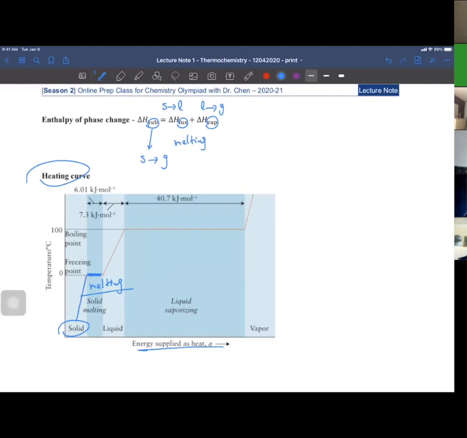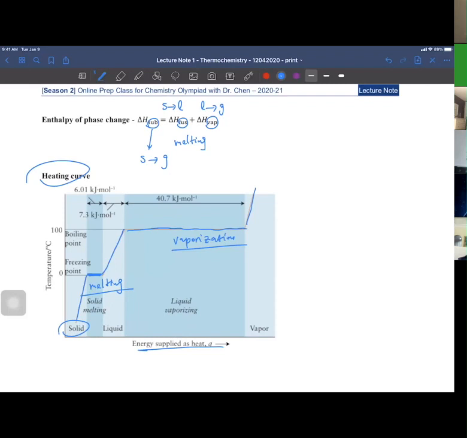And then after all of the solid is melted, so it changes into liquid. And then if you continue to heat it, the temperature will increase. And then there will be another flat area. This is the process of vaporization. And then it will further increase. So this is called the heating curve.